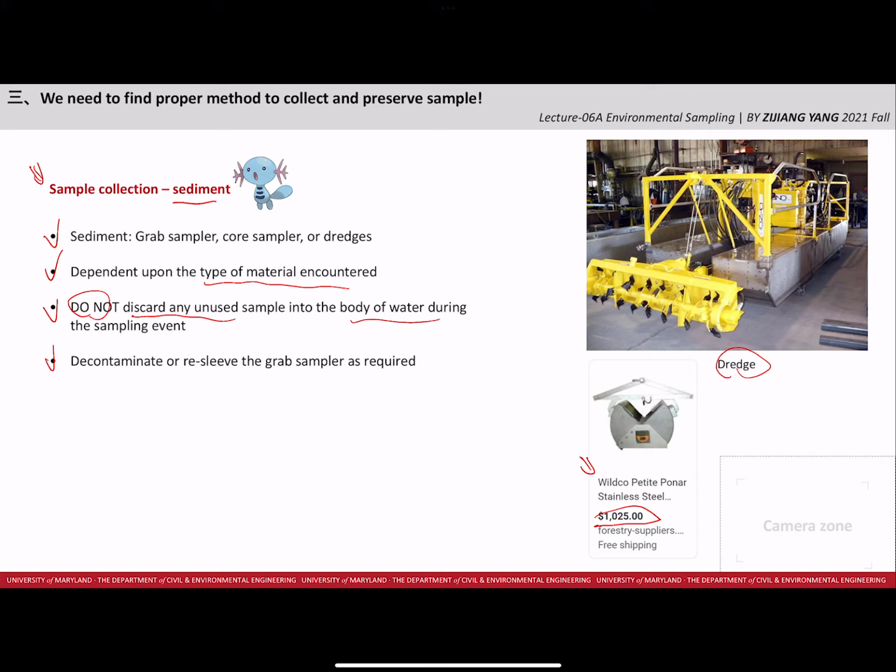Also, we need to decontaminate or re-sleeve the grab sampler as required. If we have several places to sample, when we move from one place to another, sometimes we need to clean the sampler to prevent cross-contamination.